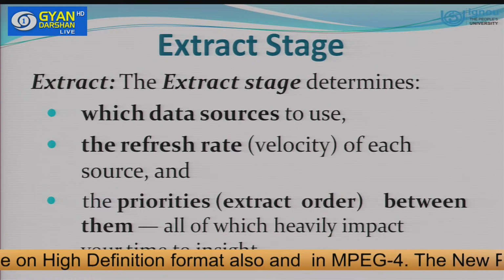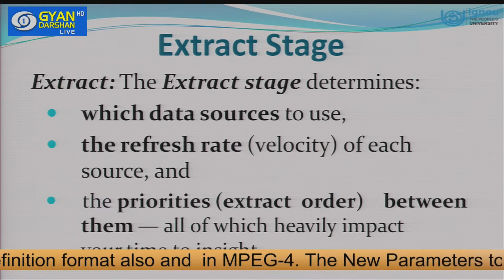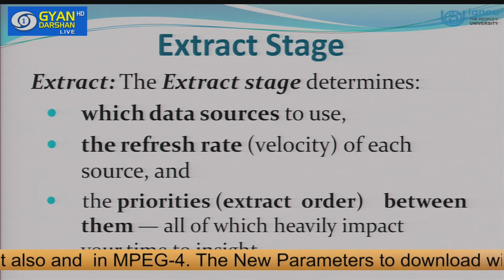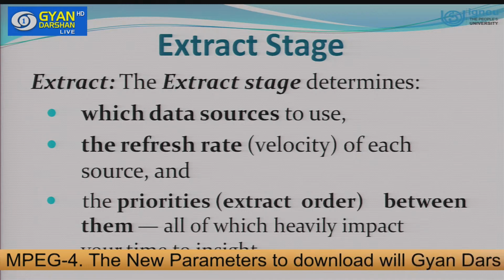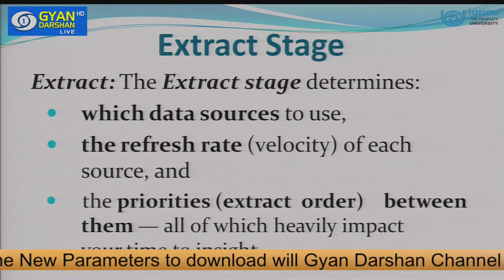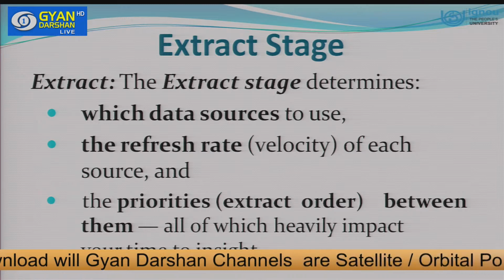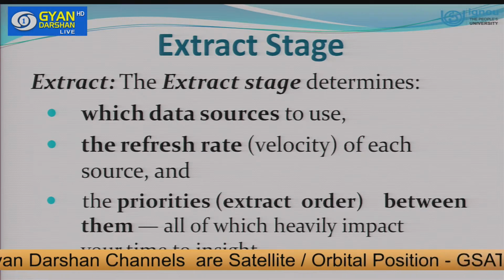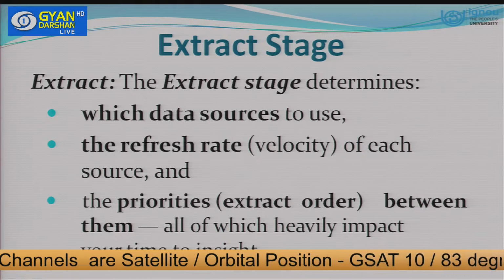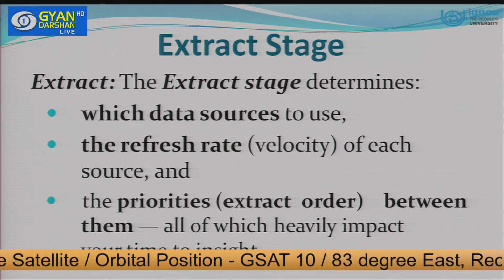Then the refresh rate of each and every source is the second consideration, and then the priorities between them, all of which heavily impact your time to insight. So these are the basic three things that determine the extract stage: from which source we have to take the inputs, the refresh rate, and then the priorities.